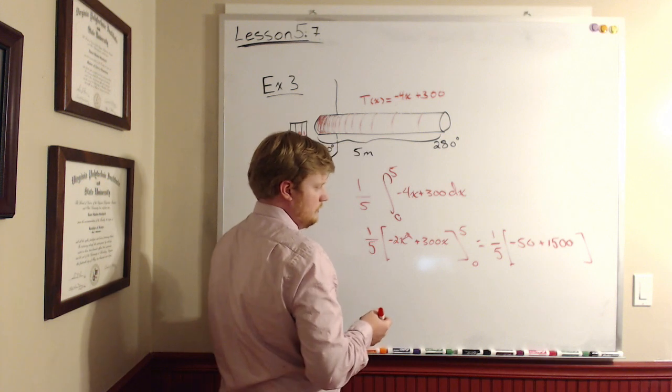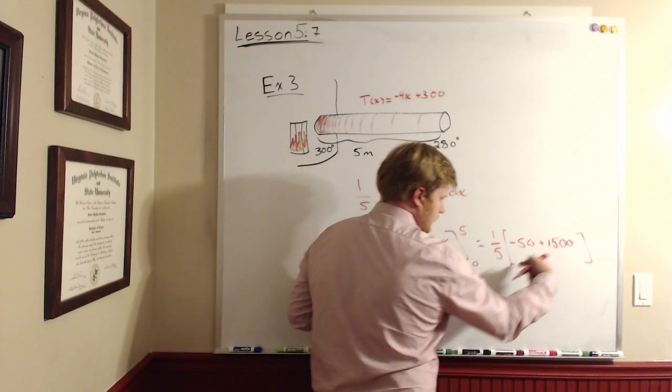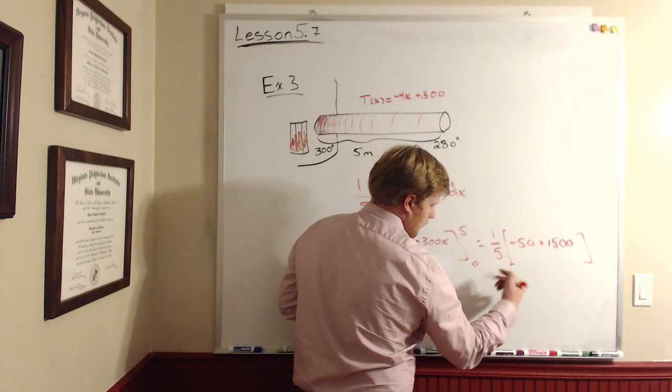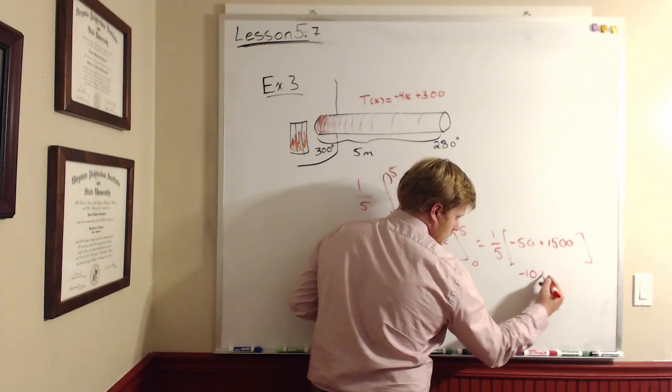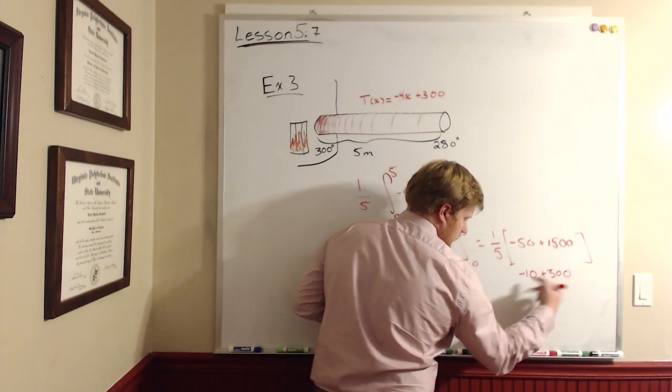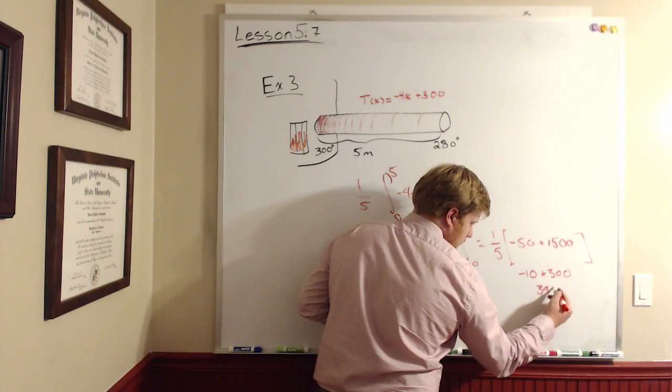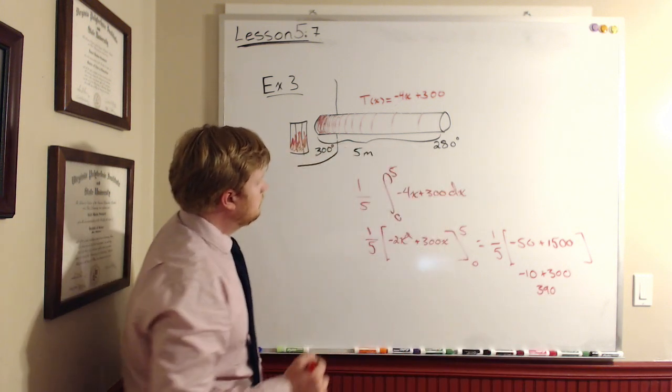Let's go ahead and divide everything by 5. I get negative 10 plus 300, so the average temperature is 390.